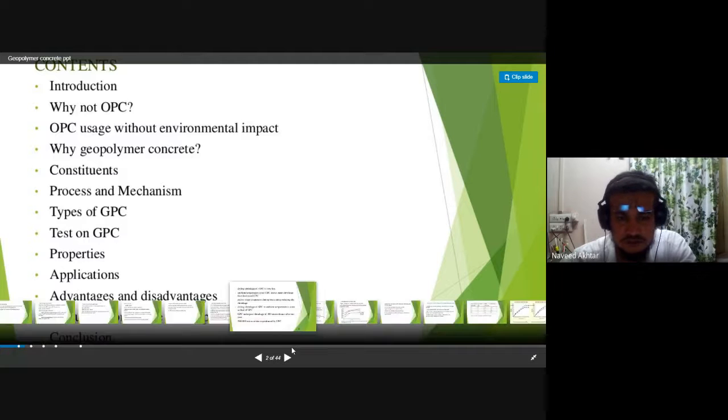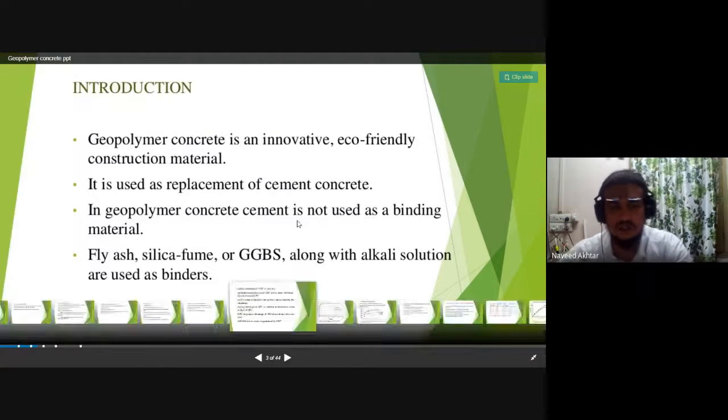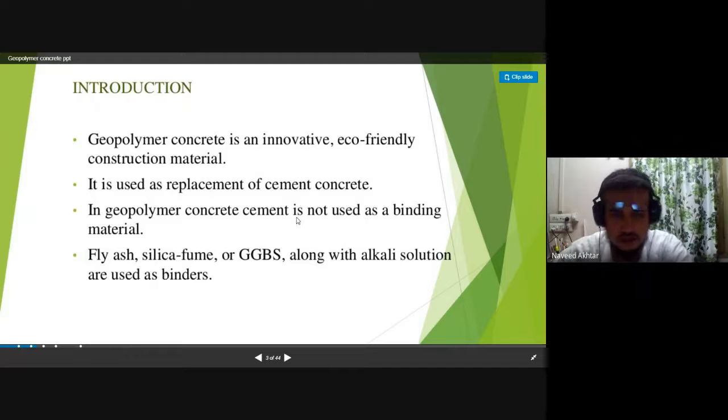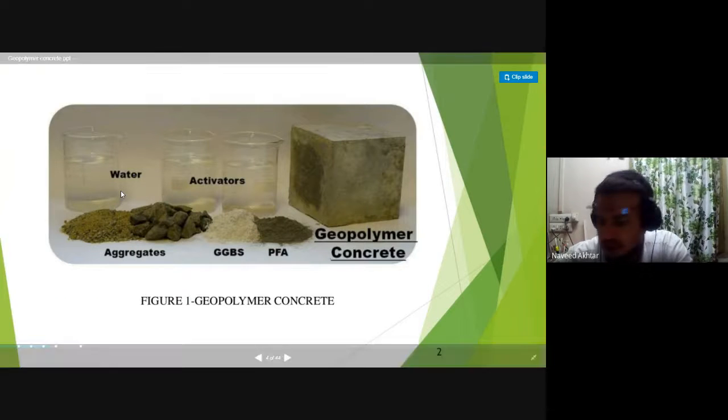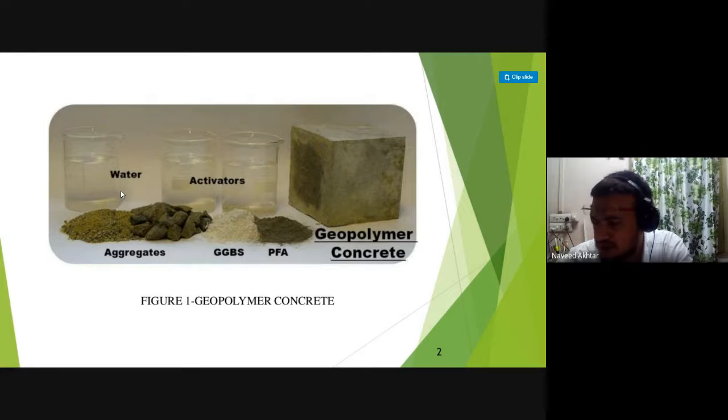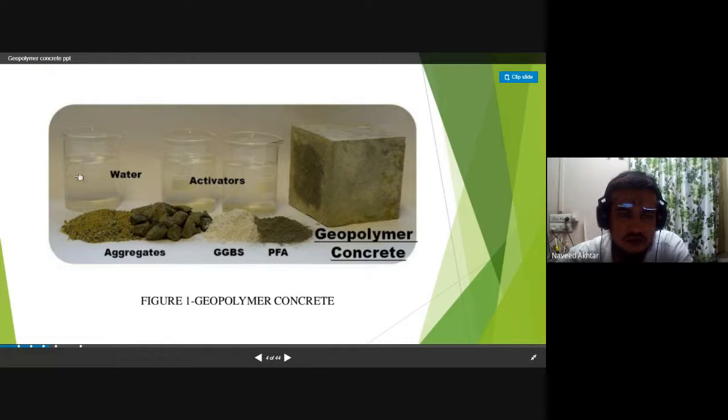Here the activating material for the fly ash is nothing but sodium hydroxide and sodium silicate. You can see the ingredients of geopolymer concrete: pulverized fly ash, or a blend of fly ash and GGBFS, and then the activator solutions.